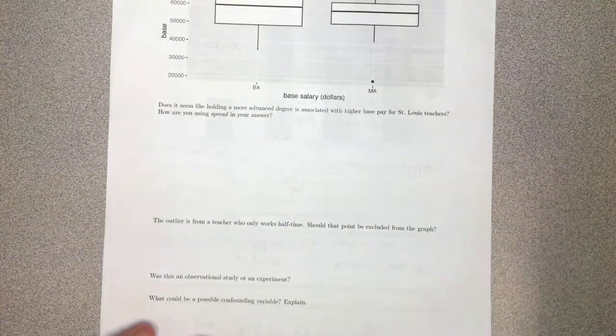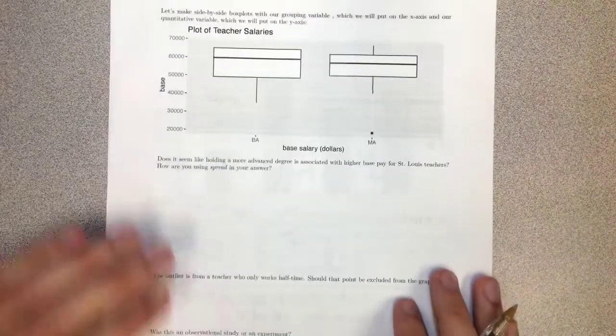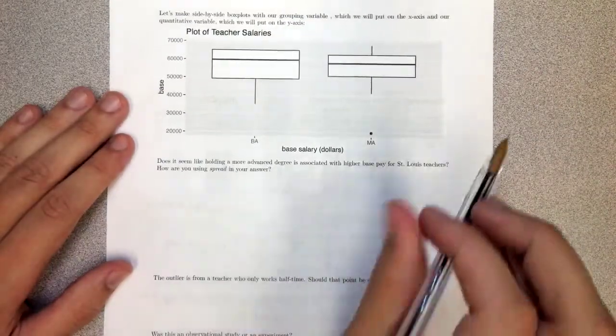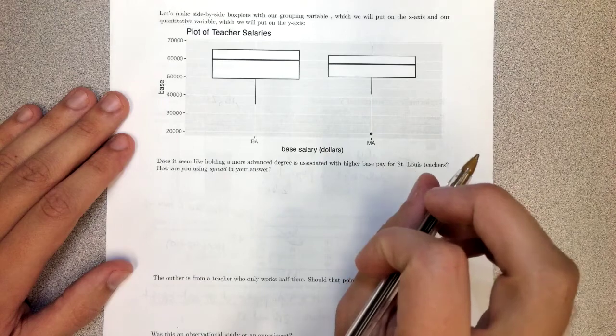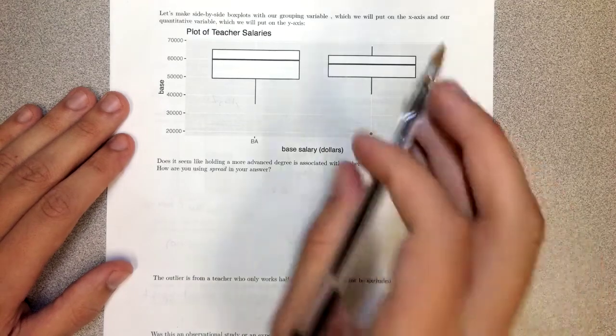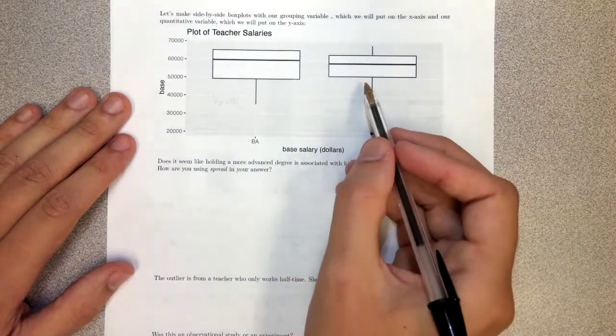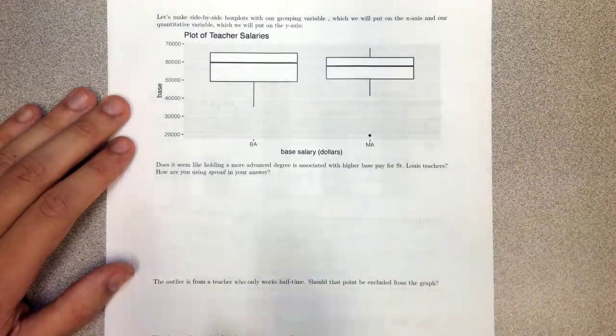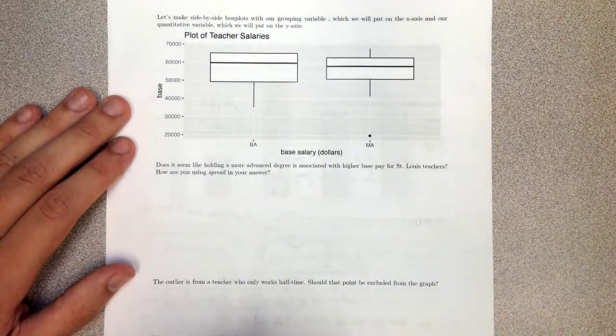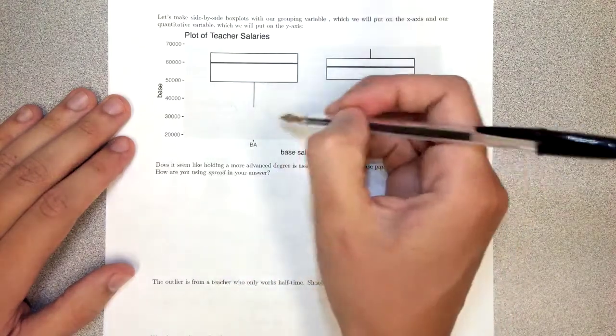We can see on the next page what our graph is going to be for this type of data. The most common graph to make is side-by-side box plots. We've already covered box plots for a single numeric variable. This is just making that box plot twice.